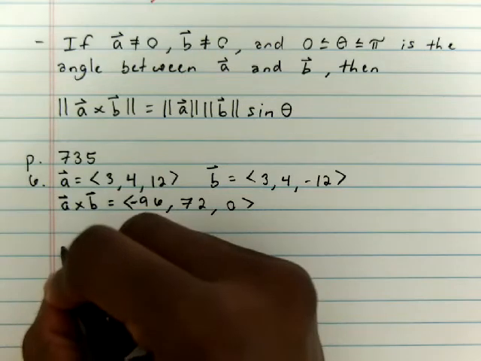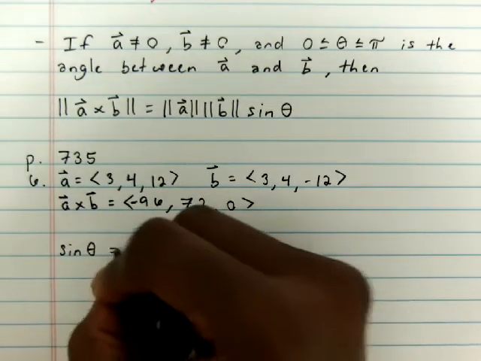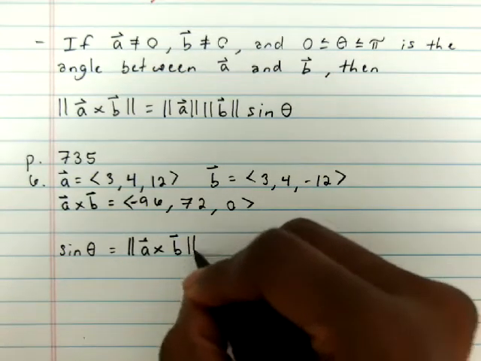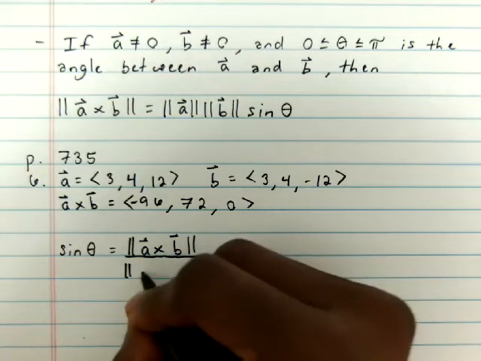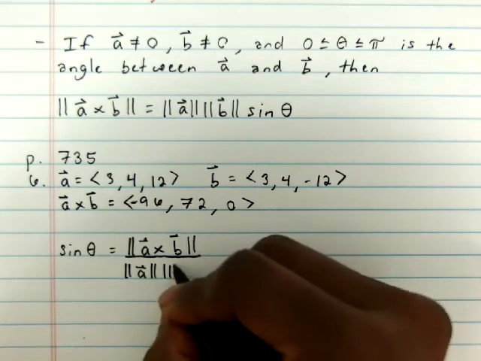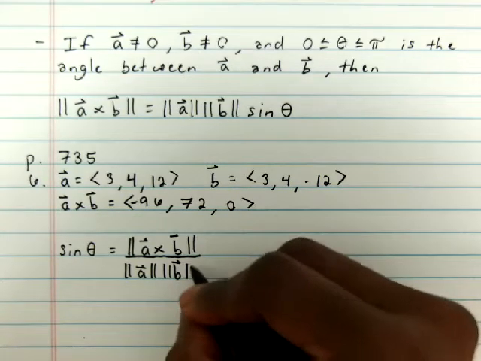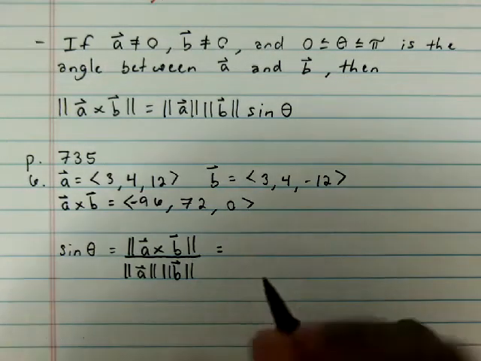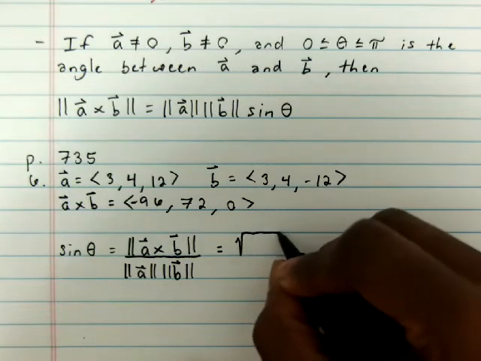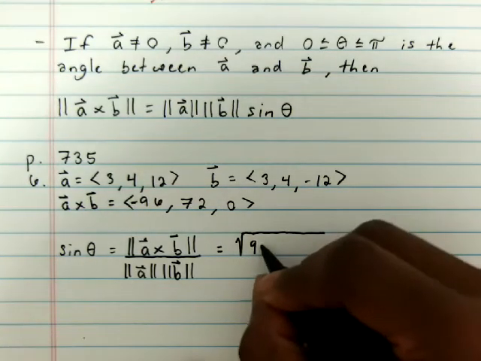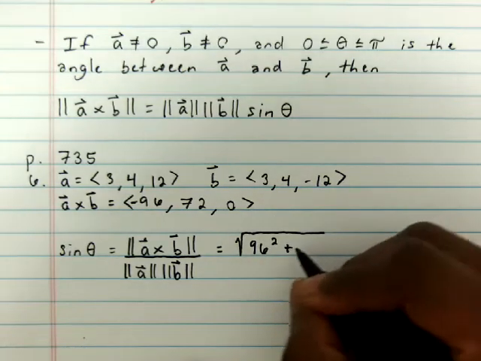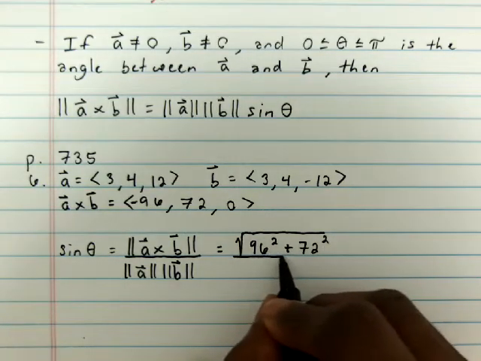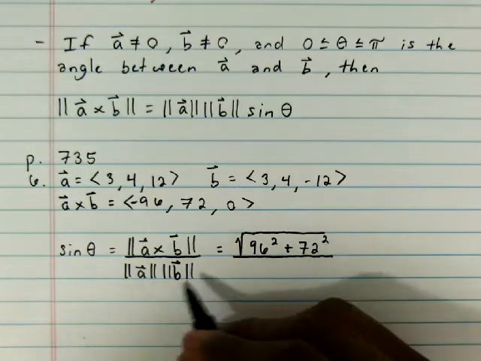So the sine of theta is going to be equal to the magnitude of A cross B divided by the magnitude of A times the magnitude of B. So let's find the magnitude, or length, of A cross B, which is just going to be the square root of negative 96 squared, so 96 squared, whatever that is, plus 72 squared plus 0 squared, divided by the magnitude of A times the magnitude of B.